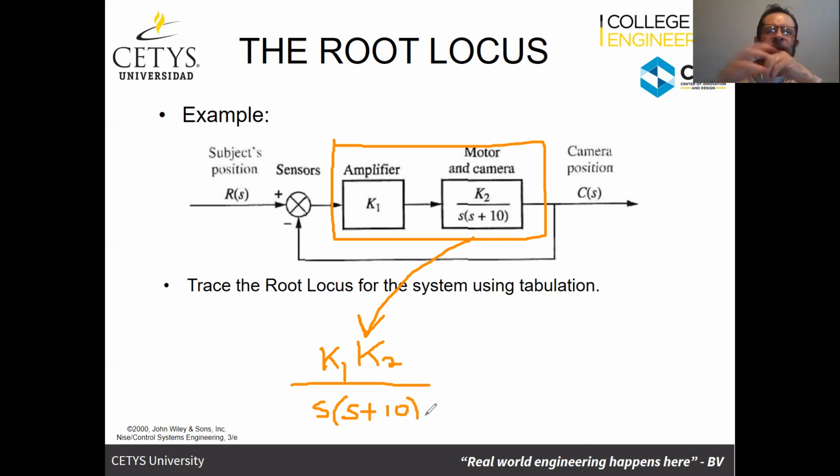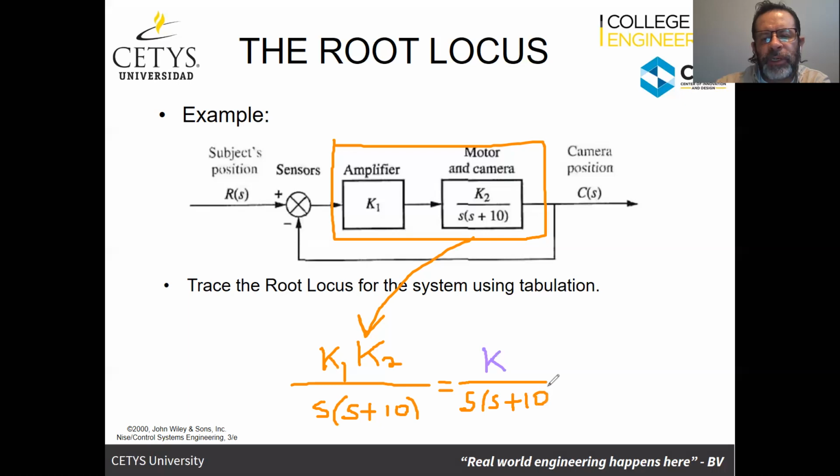To simplify things a bit, instead of having two parameters, this is equivalent to having just one parameter that I'm going to call K. That is going to be equivalent to the multiplication of those two other parameters.